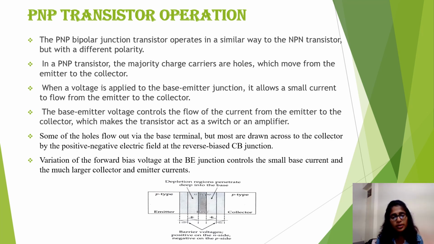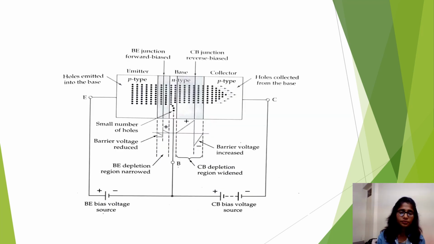Some of the holes flow out of the base terminal, and the rest are drawn across by the negative electric field at the reverse-biased CB junction. Variation of the forward bias voltage at the BE junction controls the small base current and the much larger collector and emitter currents in PNP transistor operation.